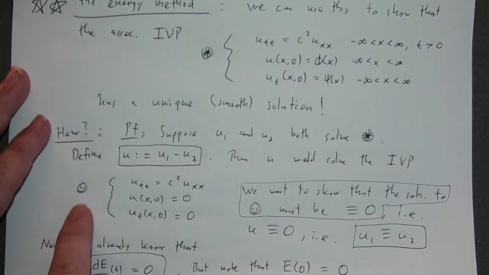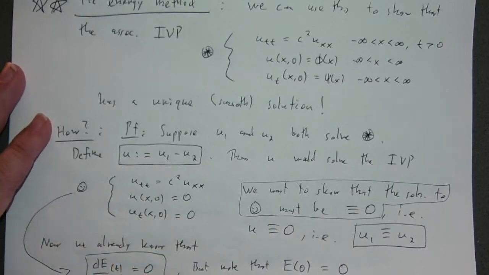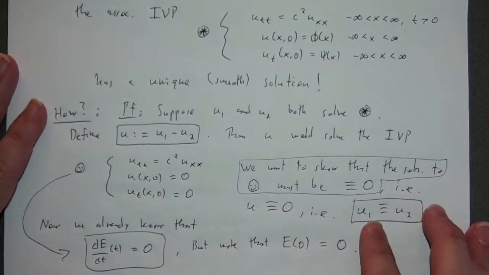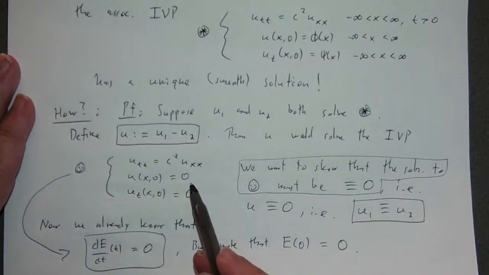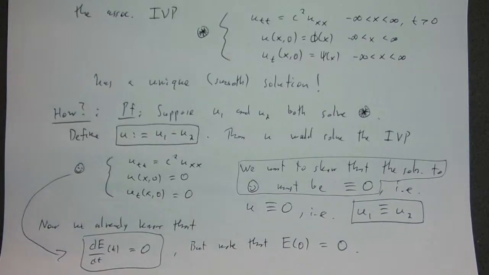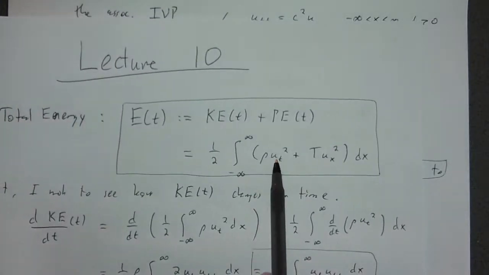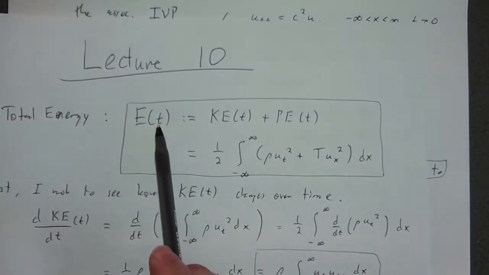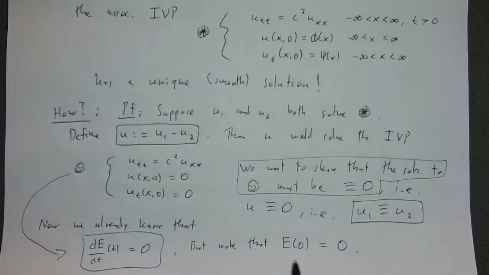For this IVP, I can carry out the exact same computation on the energy, except I have initial conditions 0. Thus, when I plug in 0 for my t in the energy expression, I get 0.